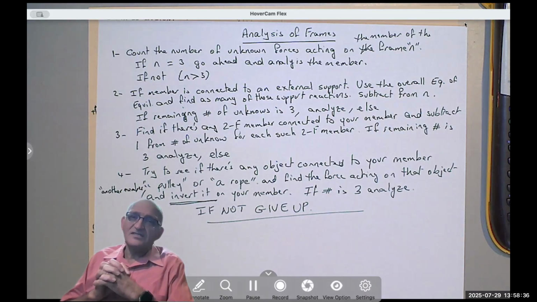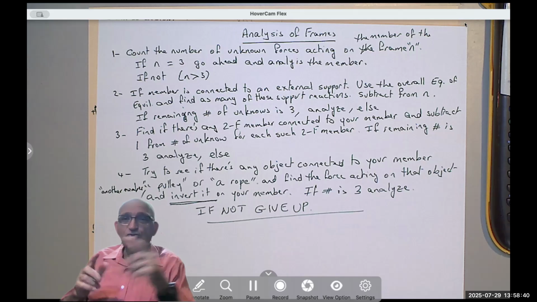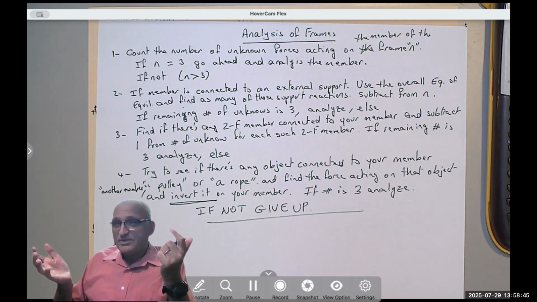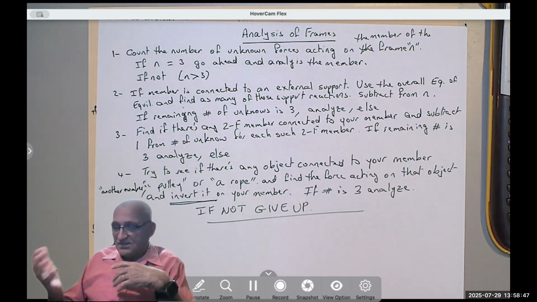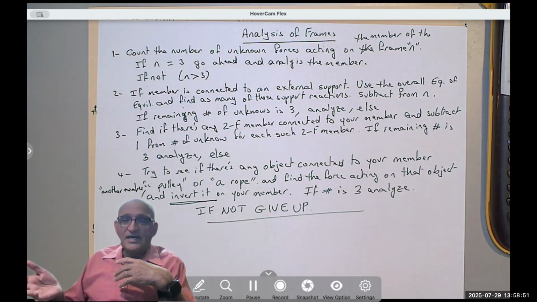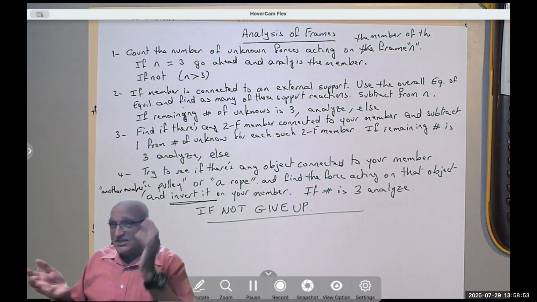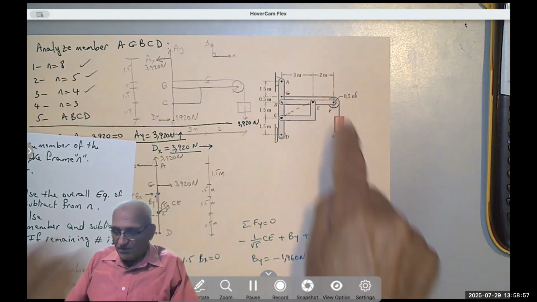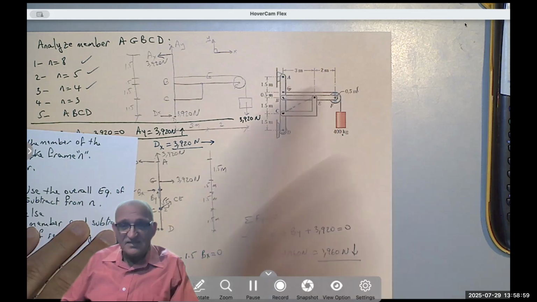You must have missed something. Maybe there was a 2-force member that you used X and Y for it, not realizing that it's a 2-force member. Maybe there was a pulley attached to your member or a cable, and you thought you don't know its magnitude, while this magnitude was easy. Like in this case, we know this force is the same as this tension.